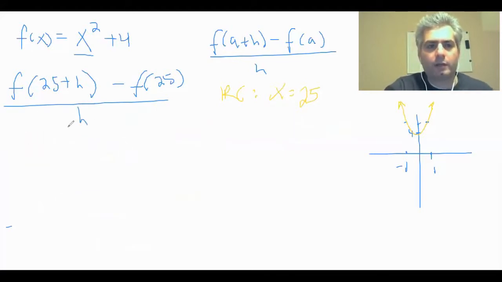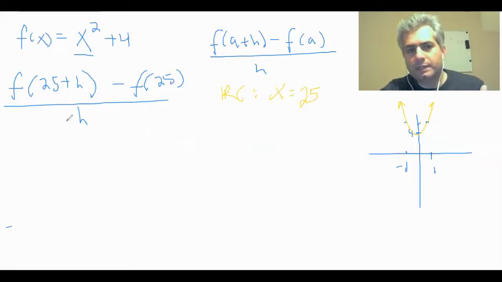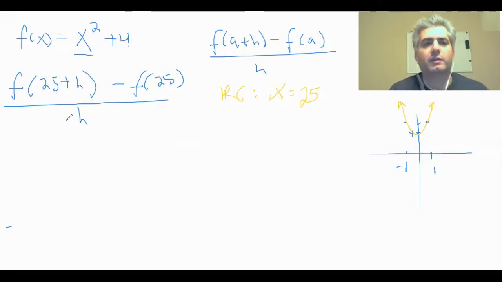Let me review that I just missed. At this point, we substituted into f of a plus h minus f of a over h by replacing a with the x value of the point of interest. In this case, we want to determine the instantaneous rate of change at x equals 25, so that's our a value. We sub it into the formula: f of 25 plus h minus f of 25 over h. Remember, f of 25 plus h means we take 25 plus h and sub it into the given function wherever we see an x value.